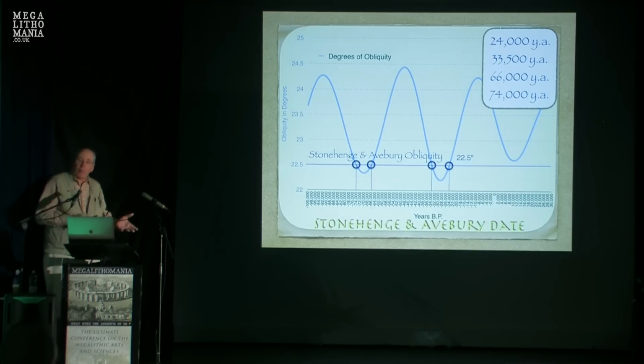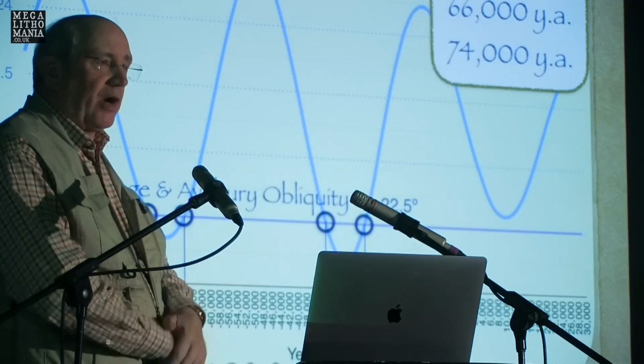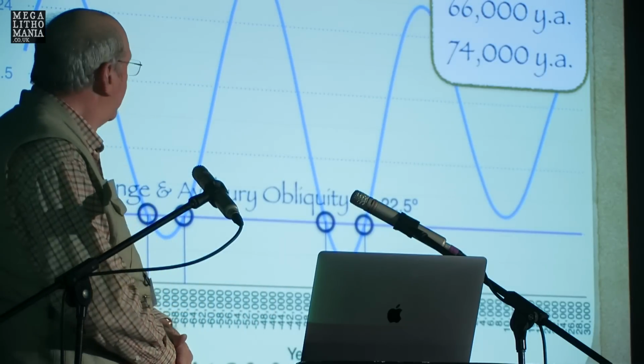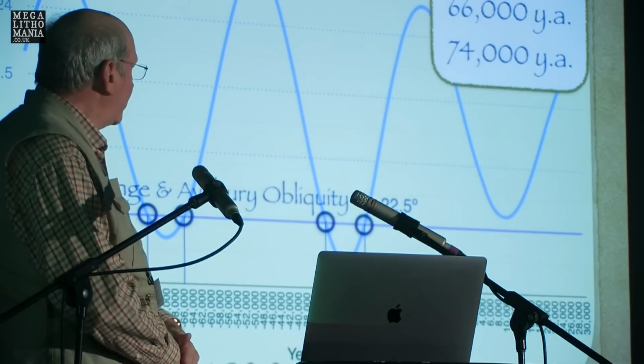So those are the 4 possible dates we get for Avebury and Stonehenge. Again, a lot longer in the past than most people would credit these megalithic monuments with. Can we confirm this? Because we like confirmations. The only way I can think of confirming this is maybe compare it to Giza.